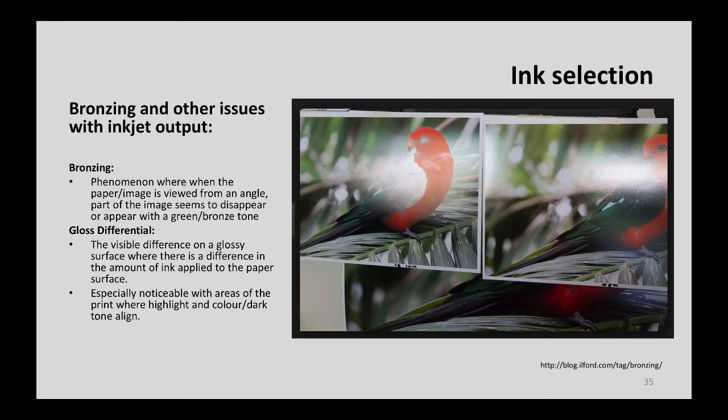So knowing that gloss differential is an error of printing in some ways, but if you have intersects between highlight and colour or tone, you can be really smart with that by choosing a different colour or paper stock colour.